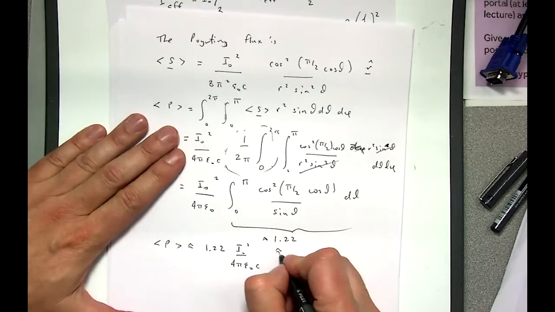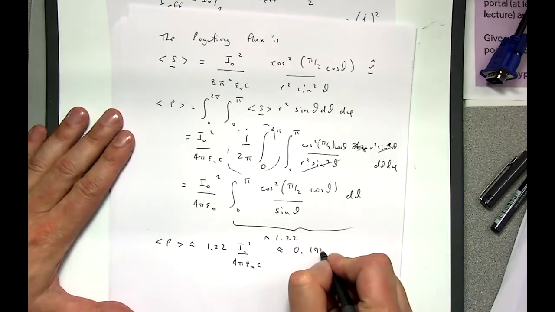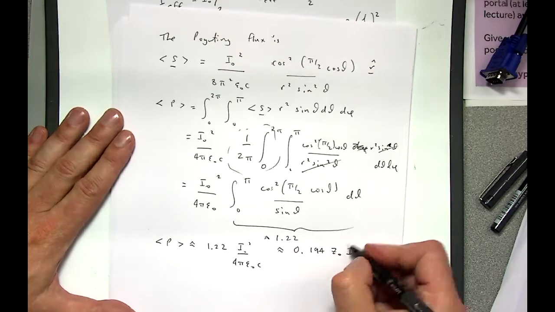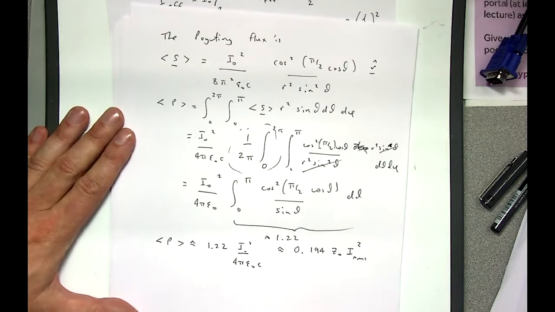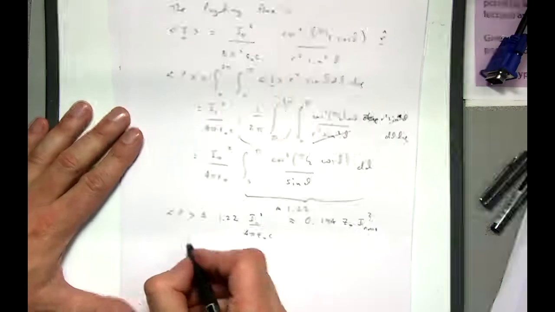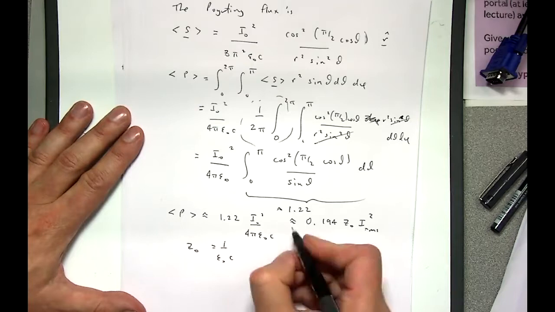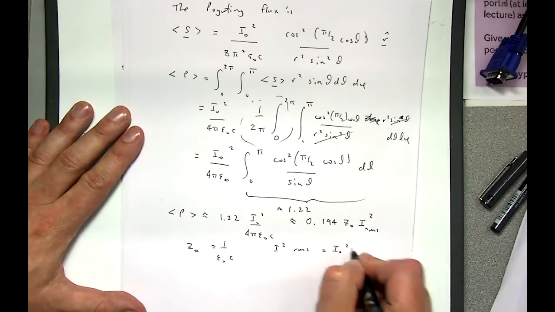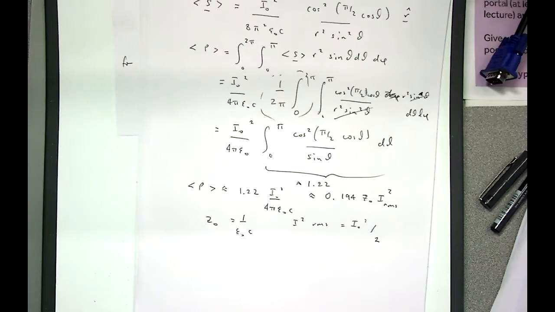So therefore, the power emitted by a half-wave antenna is 0.2 times Z0 times whatever the RMS current is. Yeah? So there's another factor 2 that I've put in there. Remembering that Z0 is 1 over epsilon naught c, and the RMS current is equal to I naught squared over 2. Okay? So that's a different radiation resistance.